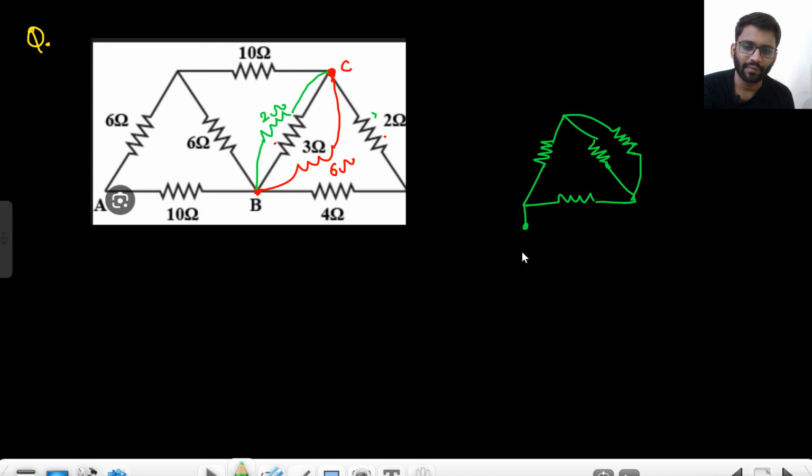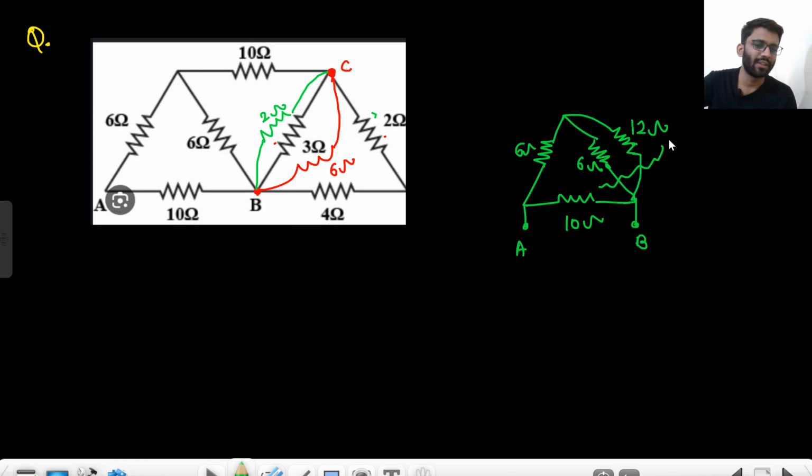This is A, this is B, 10 ohm, 6 ohm, 6 ohm, and this will be 12 ohm, right? 6 and 3 gave me 2, 10 plus 2, 12.